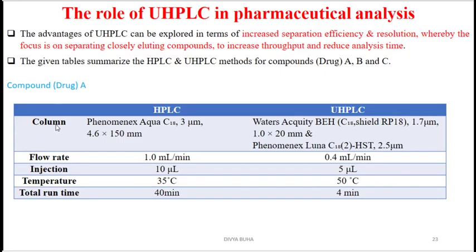The column which is used in HPLC for the separation of drug A, suppose say it is the Phenomenex Aqua C18 column. Over here, Phenomenex is the name of the company which provides the column, whereas Aqua is the name of the series, okay, and C18 is the column type, right? So C18 columns are known as octadecyl silane columns, okay.